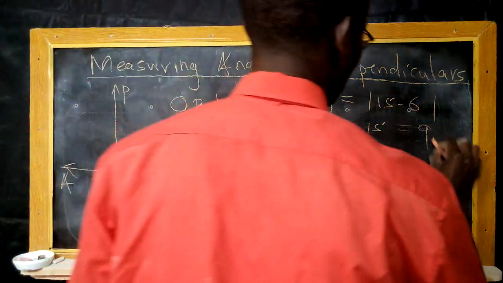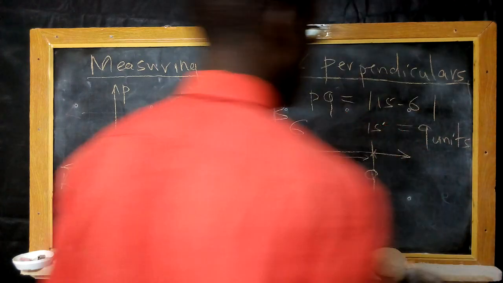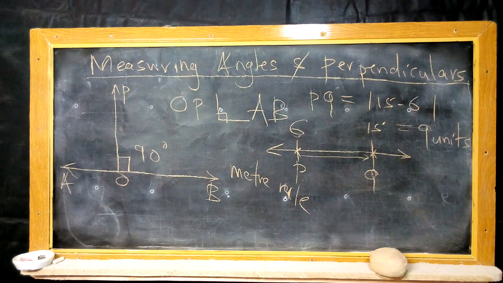I said it can be units; if it's a very large line or a distance, it can be units of kilometers, meters, centimeters. If it's smaller, millimeters, or still smaller than that.